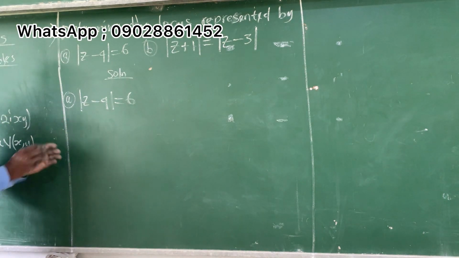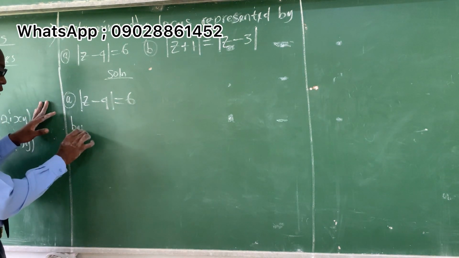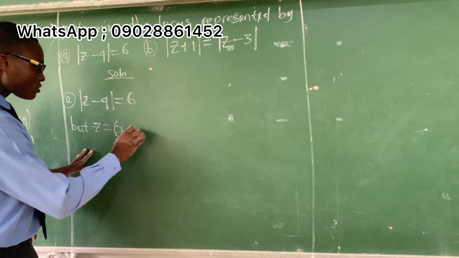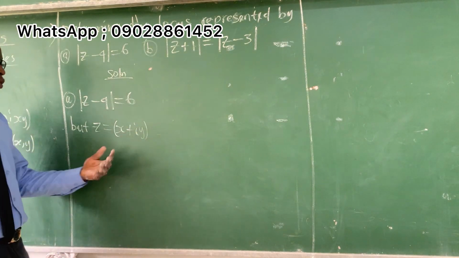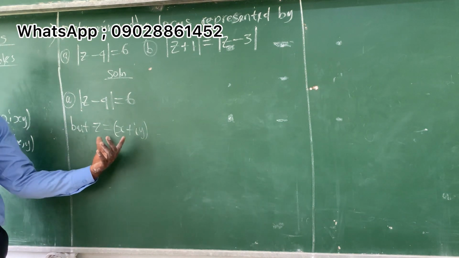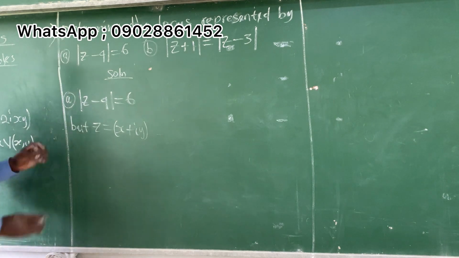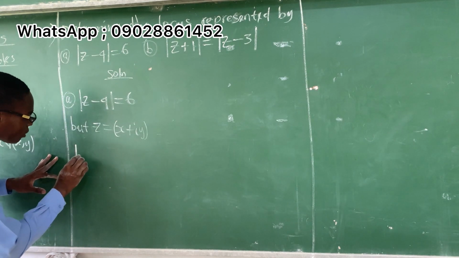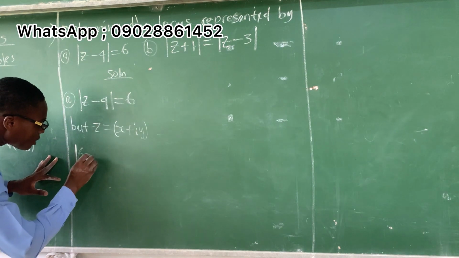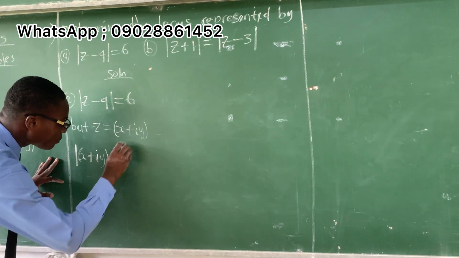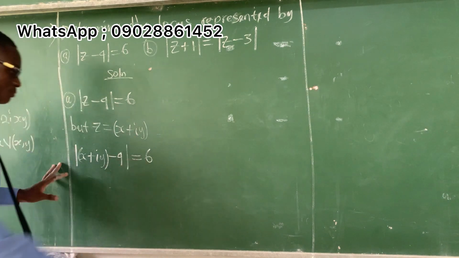First of all, recall that z is equal to x plus iy. So you are simply going to put this complex number z equals x plus iy into this function. So we have the magnitude of x plus iy minus 4 equals 6.